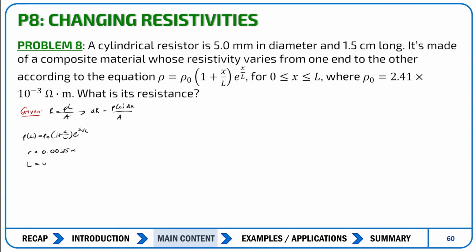We know L is equal to 0.015 meters. And we know rho naught is equal to 2.41 times 10 to the negative 3 ohm meters.